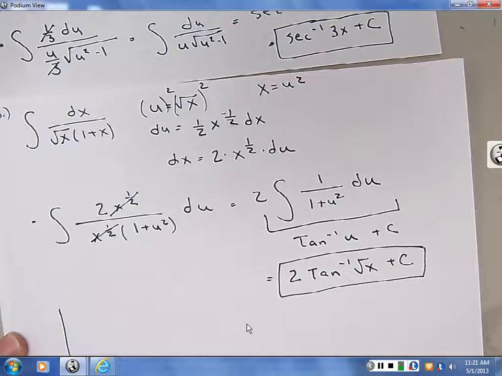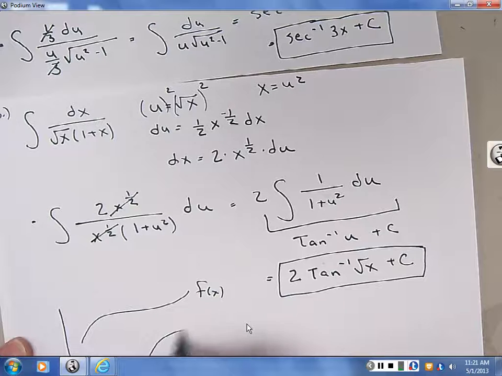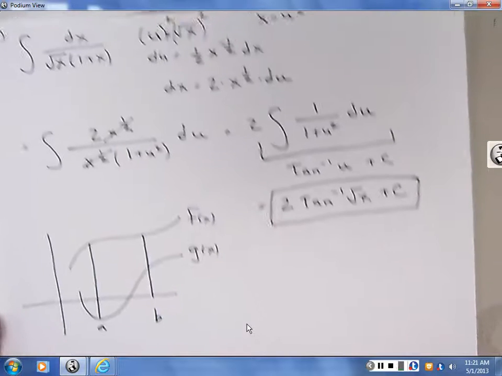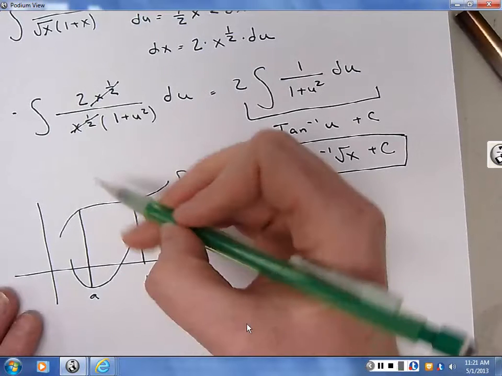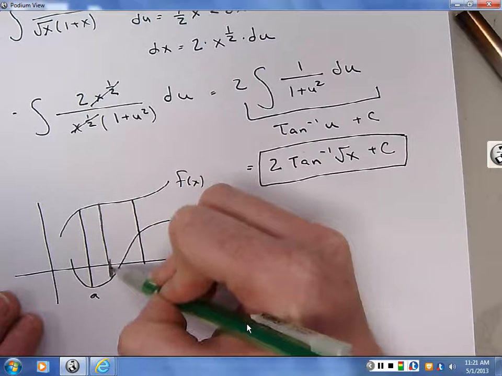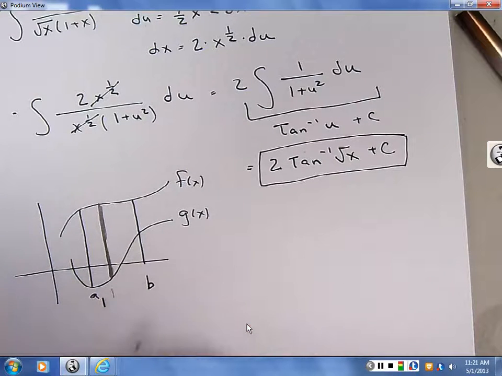So let's look at the area between two curves. If I have f of x, and let's just go ahead and make this g of x, and I want to integrate that from a to b, I take a height, so I'm finding area. I take a height times a differential dx, right?